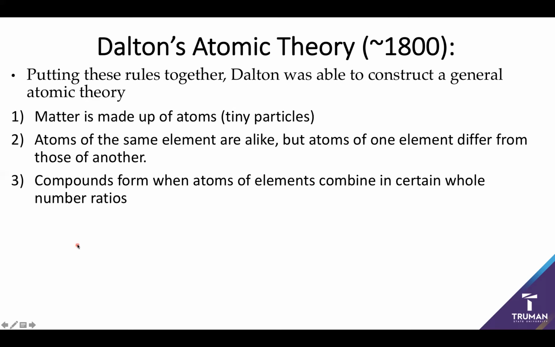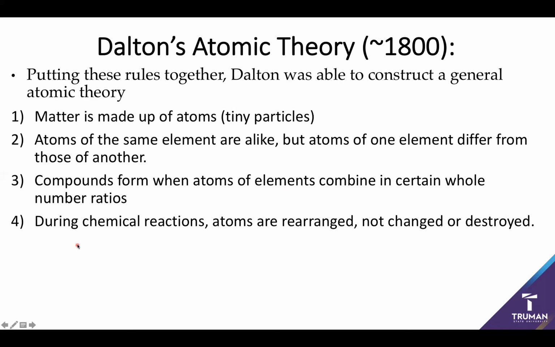And then finally, this idea of reactivity that we'll address more next chapter is that during chemical reactions, atoms are rearranged, but atoms are not changed. So a carbon atom will stay a carbon atom, and they are not destroyed or created. So if you know how many atoms of carbon are coming in, you should know how many atoms of carbon are coming out.